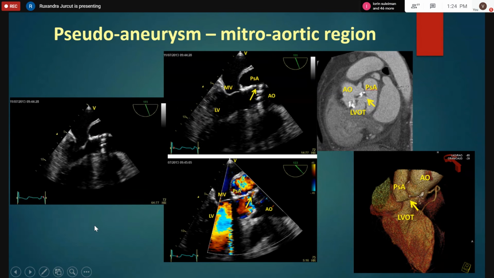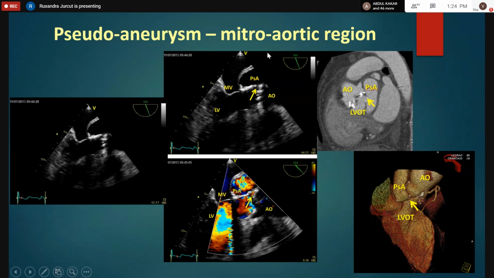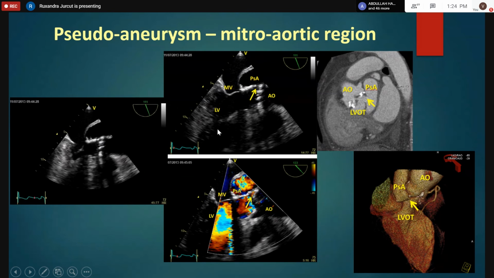Thank you. So here is a patient with aortic stenosis. Here in the movie, it's another transesophageal echo. You can see the structures here: left ventricle, mitral valve, aorta here, and this is a pseudoaneurysm, again a pouch which should not exist here.